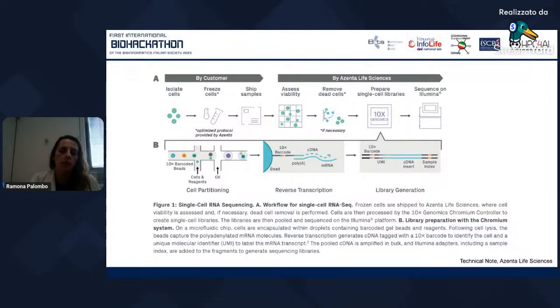The customer can also freeze cells and ship them to the company, which can control the viability of cells to have high quality samples, and then the preparation of the single cell libraries. And we will also discuss this part.